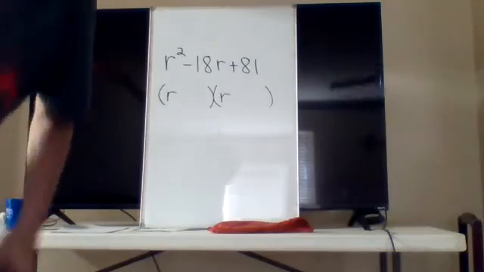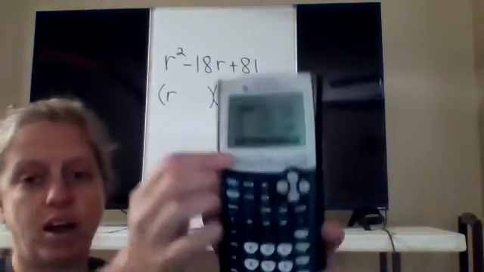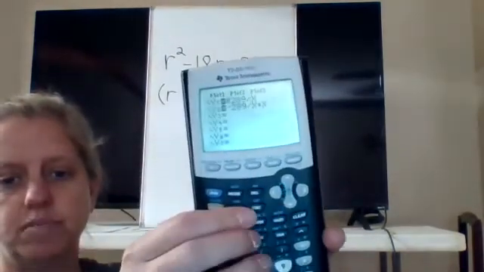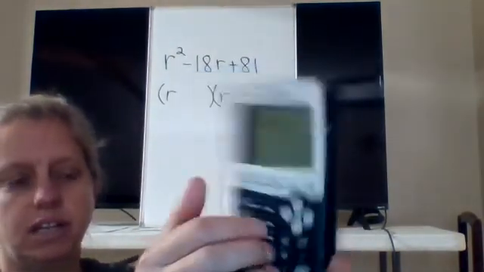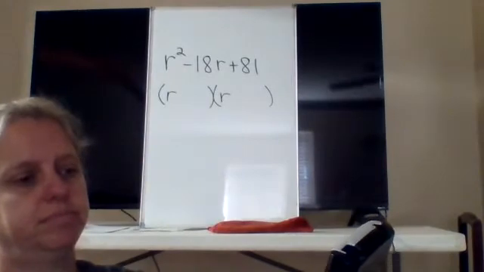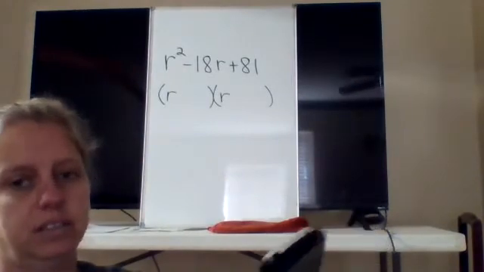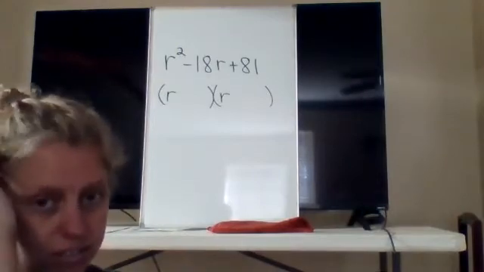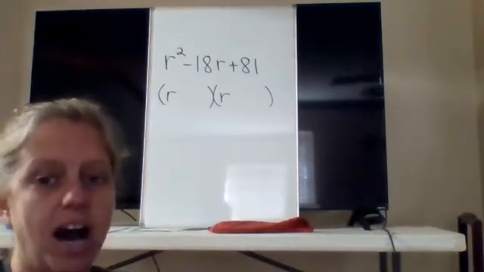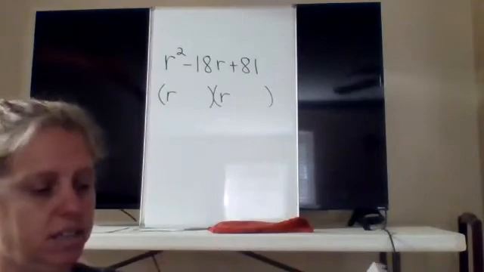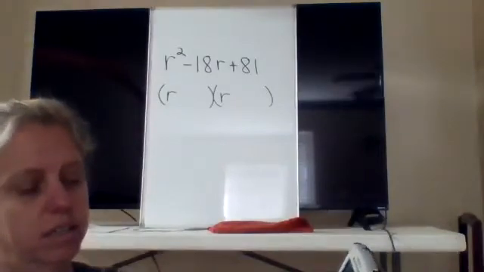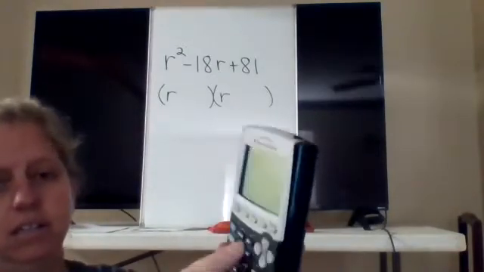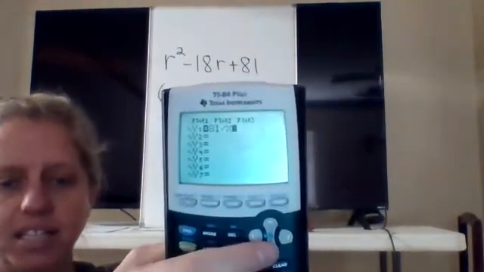Again, if you want to use your calculator, you can always use your calculator by going to your y equals and clear it out. Typing in a positive 81, 81 divided by x.